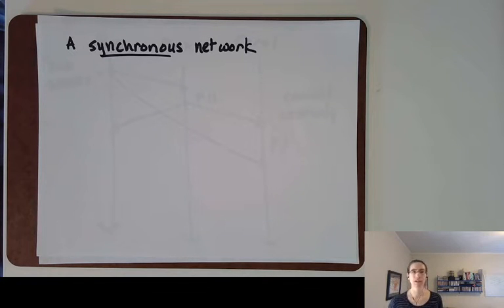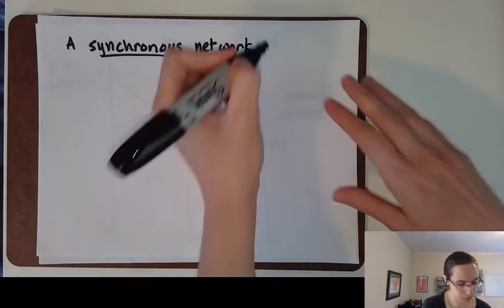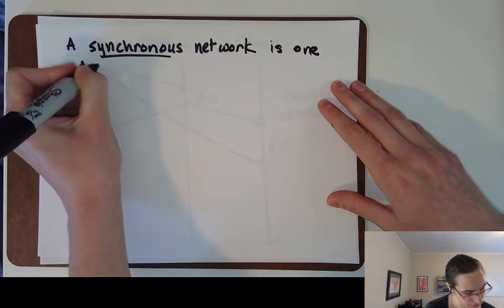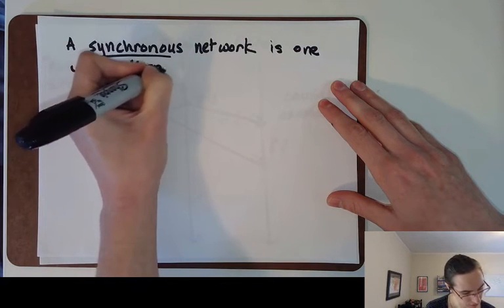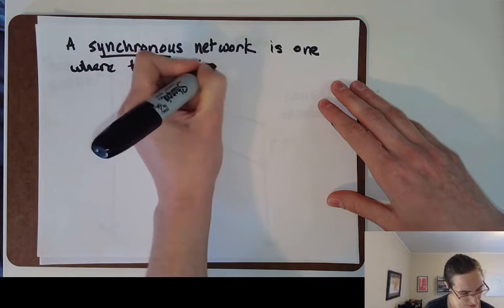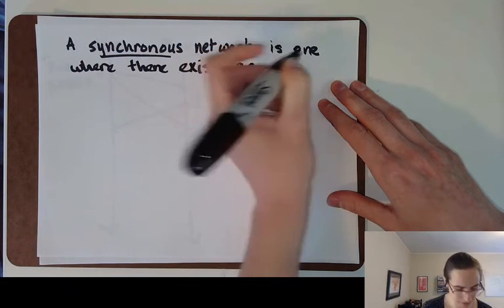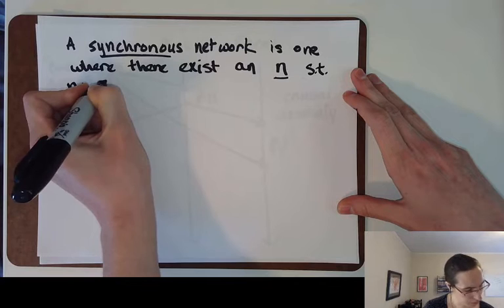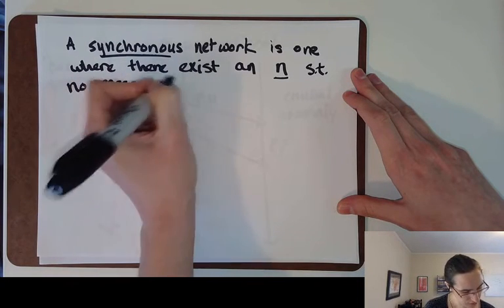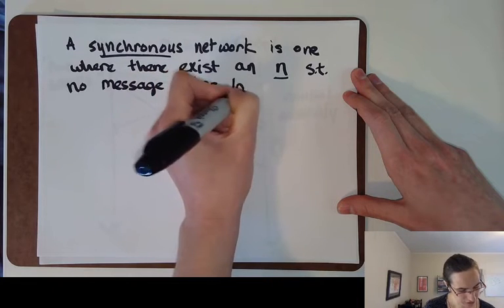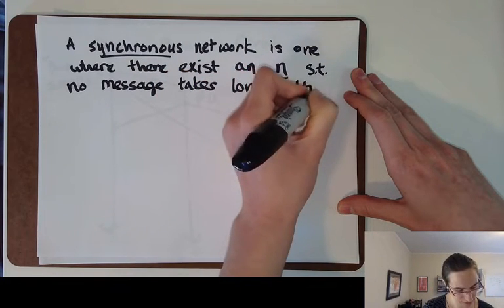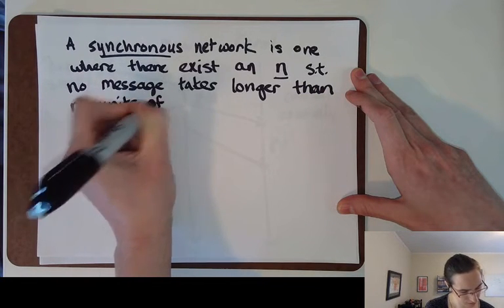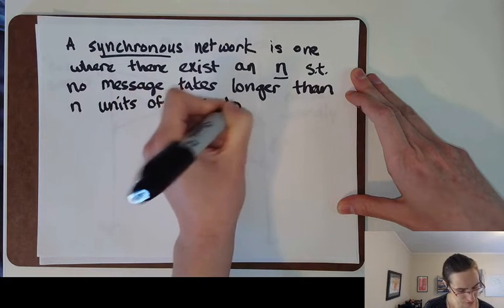So to be precise, a synchronous network is one where there exists some number n, such that no message takes longer than n units of time to be delivered.